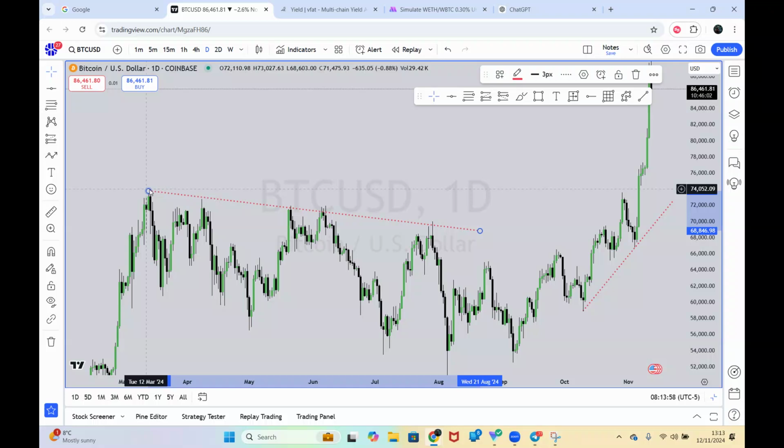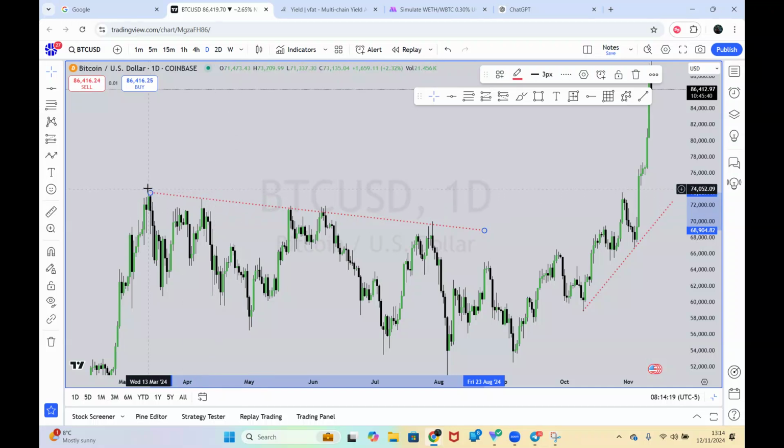When I'm drawing these, I look for what looks to be the best fit, if you like, where I'm getting the most touches. So if I was drawing this downtrend here, this is probably how I would draw it.